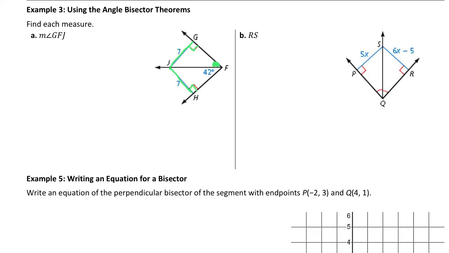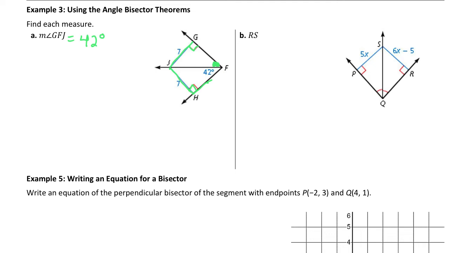So yes, it is an angle bisector. So that means this whole angle is being cut in half, meaning GFJ and HFJ are the same measure, meaning GFJ is 42 degrees. Okay?